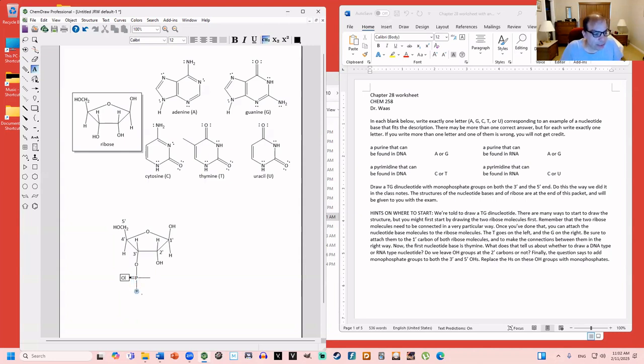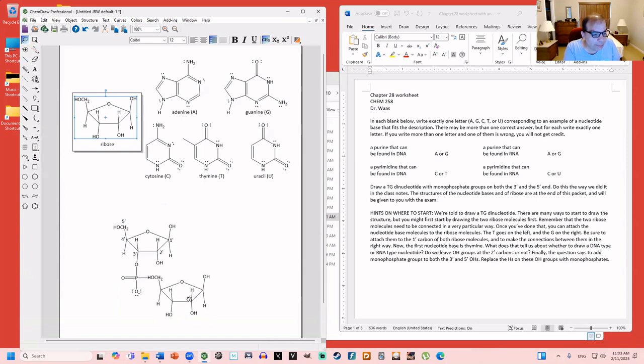So we need to know what the structure of a monophosphate ester looks like. So we want to put lone pairs on that oxygen because it is a minus charge. And so now what we will do is bring in a second ribose molecule, since we're drawing a dinucleotide.